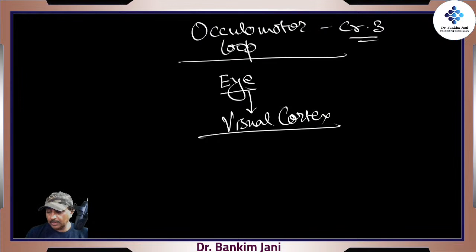Now, there is the visual cortex, but there are two other areas, the frontal and parietal eye fields. They are called the frontal and parietal eye fields, and that's why over here we'll say that this is the parietal visual cortex, right?